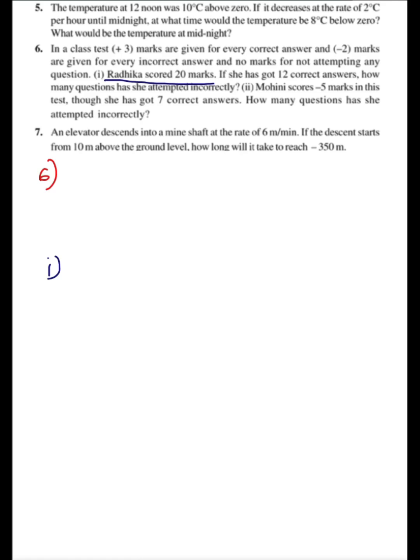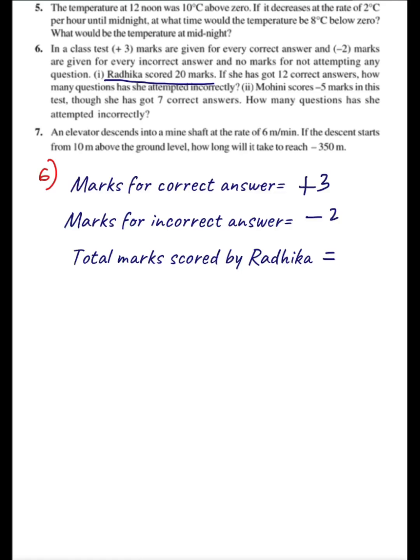Okay. Let's write it. What is the total score? Marks scored by Radhika, it's given as 20. Okay. Now, if she has got 12 correct answers, that means number of correct answers is equal to 12.